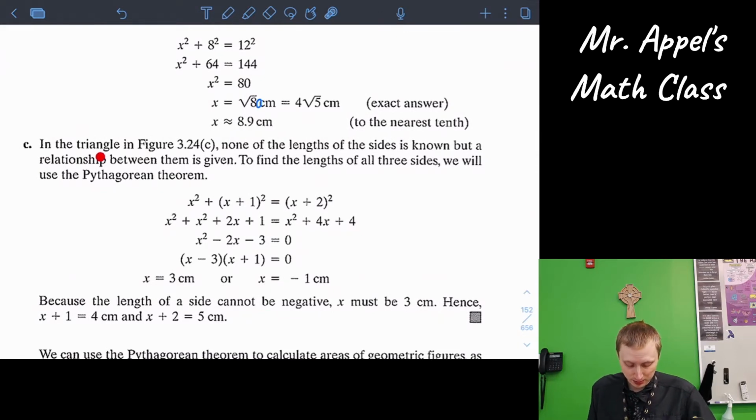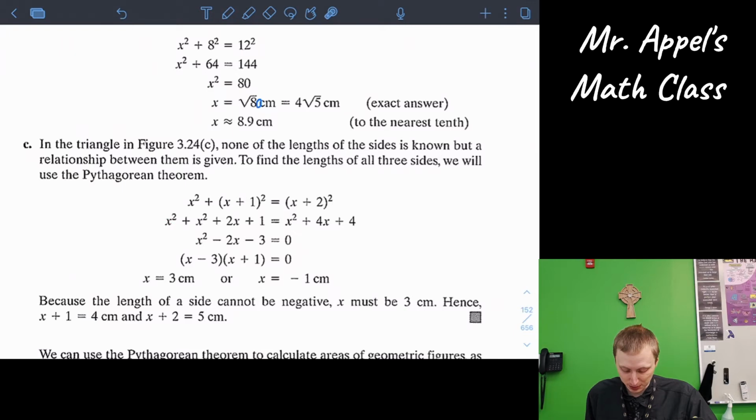And in triangle 24c, none of the lengths of the sides is known, but a relationship between them is given. To find the lengths of all 3 sides, we will use the Pythagorean theorem. x squared plus (x plus 1) squared equals (x plus 2) all squared. So go ahead and distribute out those binomials.